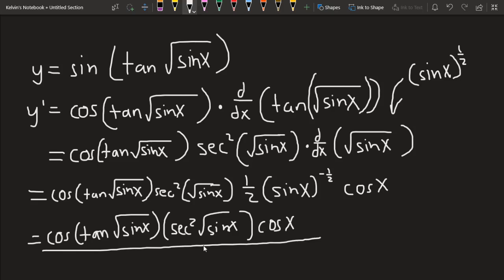All this is over 2 root sine of x, because this translates right here to 1 over 2 root sine of x.